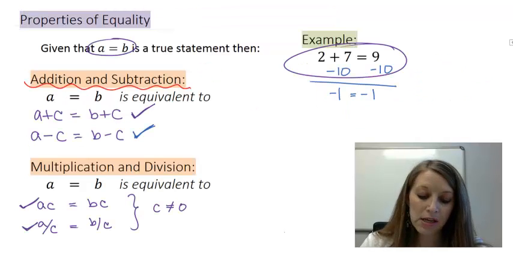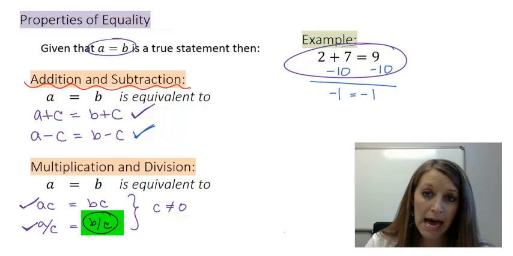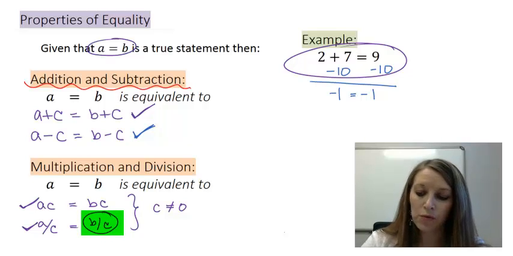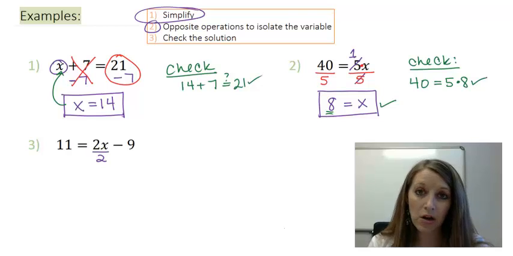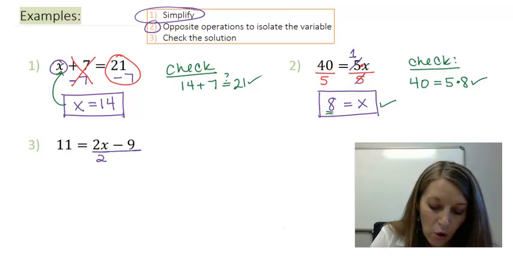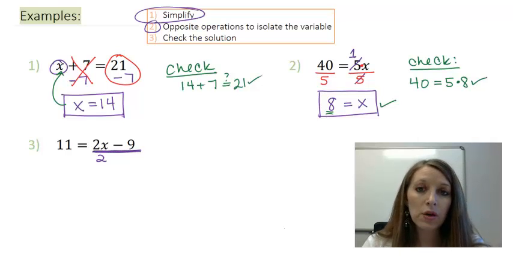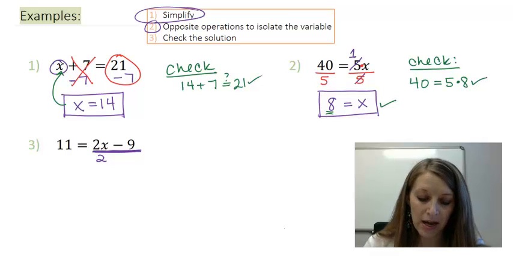But the properties of equality say that you have to divide the whole side of the equation by 2. So that means I cannot do it the way I've written it here. That means I need to divide the whole side of the equation by 2. And you can see that that definitely makes more of a mess than what we started out with. So this just emphasizes that you should always add and subtract before you multiply and divide.